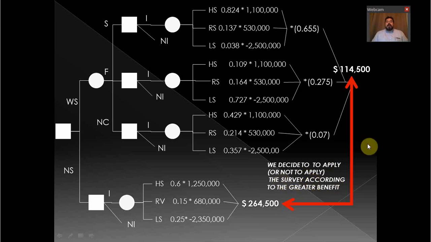But we need to think a little bit about the benefits of applying or not applying the survey. This is a simple way of deciding just by choosing the greater benefit. In this case, we will be going with this part of the tree of not applying the survey.